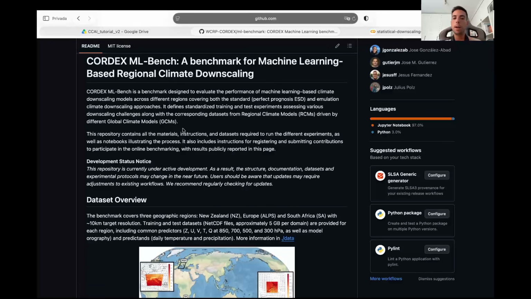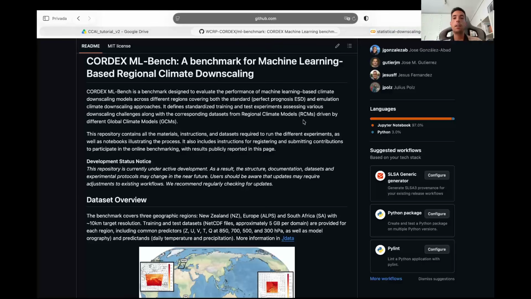But the idea of this benchmark is to provide a wide spectrum of datasets to train deep learning models on for statistical downscaling, with the idea to intercompare different deep learning models, different deep learning architectures, training paradigms, and so on and so forth. So we can get an idea of what deep learning models work the best over a standard evaluation framework.